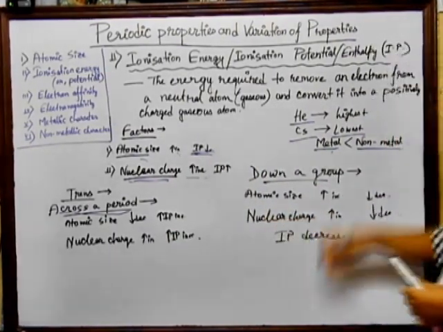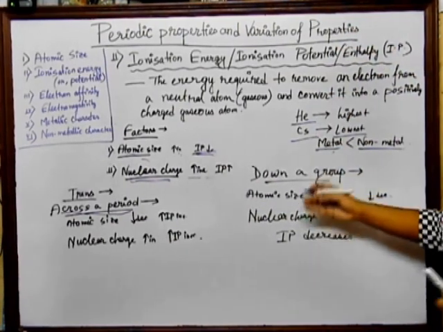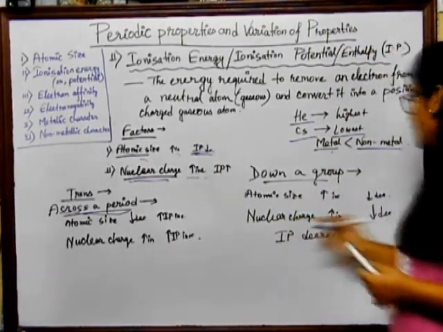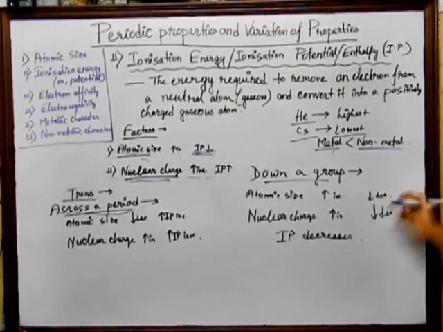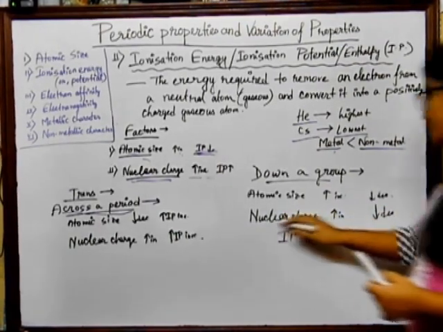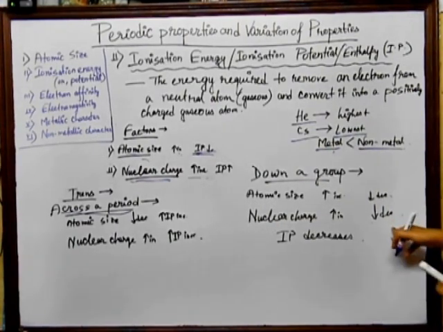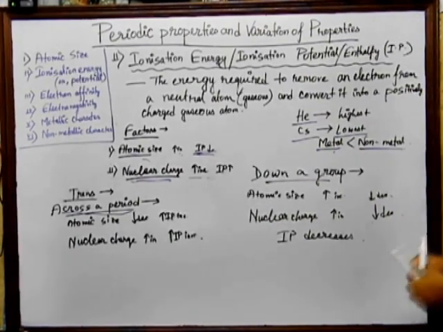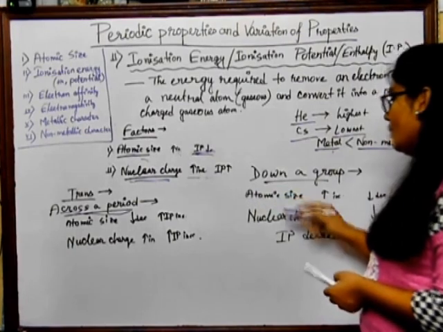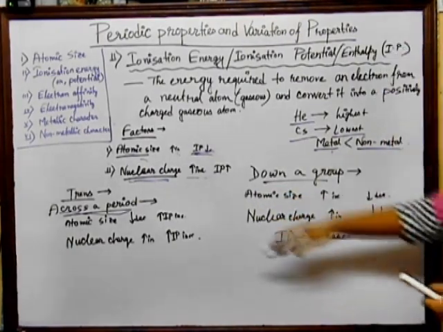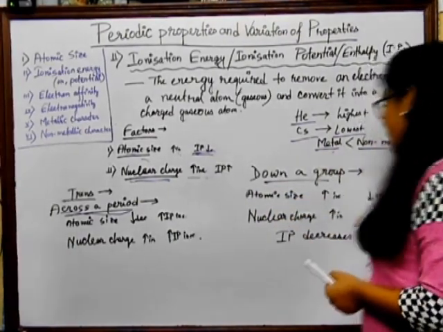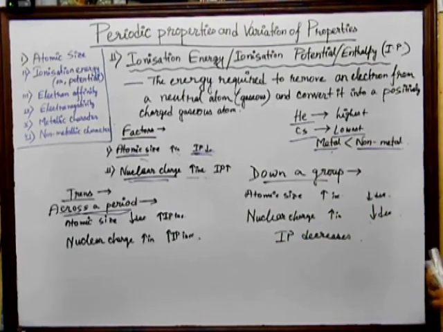Nuclear charge: down a group, nuclear charge is also increasing, so the IP will also, the nuclear charge is increasing, so the IP will decrease. But here also atomic size dominates over the nuclear charge, so in overall case IP will decrease.